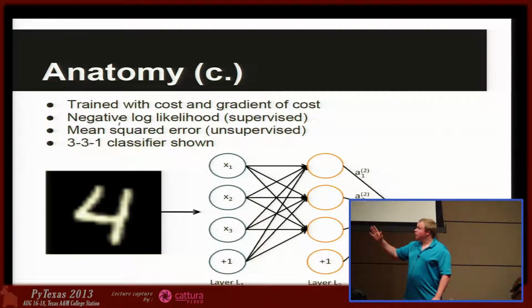Feed that to the first layer, apply your functions, go to the next layer, apply your functions, and then look at the error. If you're trying to classify, did it recognize that this was a 4 or not? If you're trying to do something else, what is the mean squared error? So for every pixel, how wrong were you?